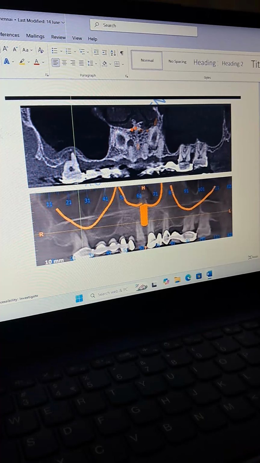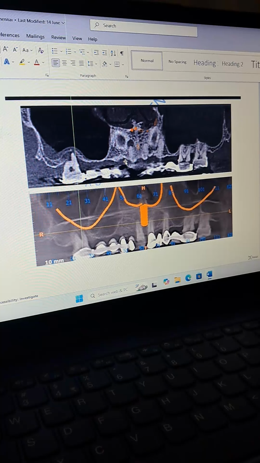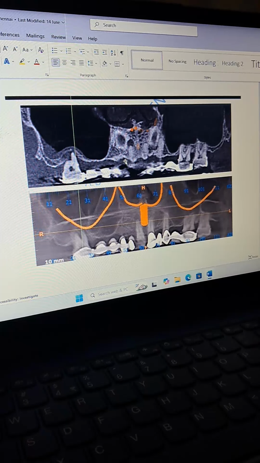Another important thing which I want to highlight about this CBCT image is that while doing a pterygoid, we have to keep in mind that the angulation of the pterygoid implant is very important. Any implant which is placed in a straight manner has more load bearing capacity than any implant which is placed in a tilted manner, no matter where or what kind of bone is engaged.